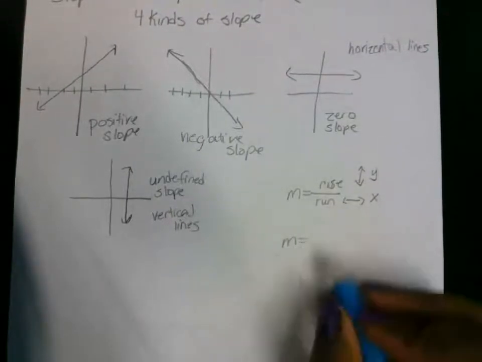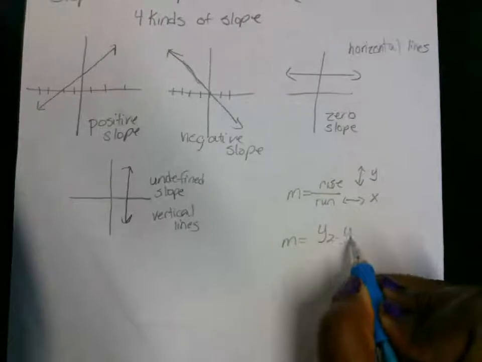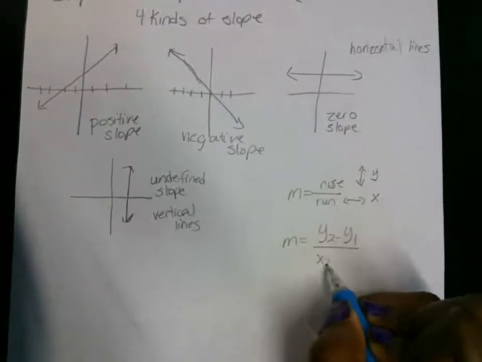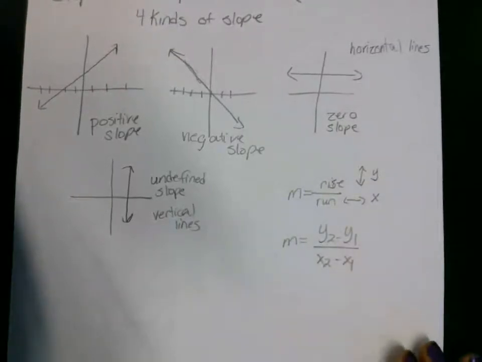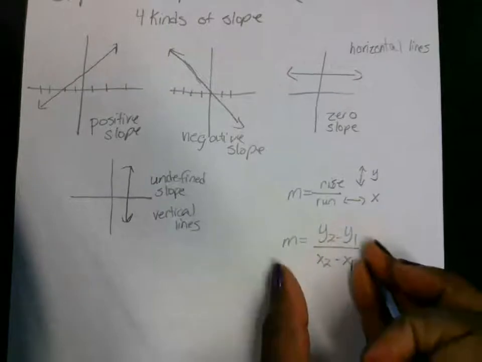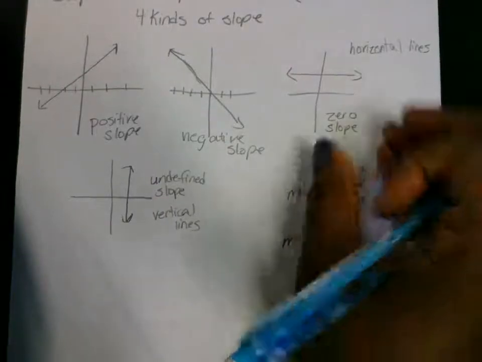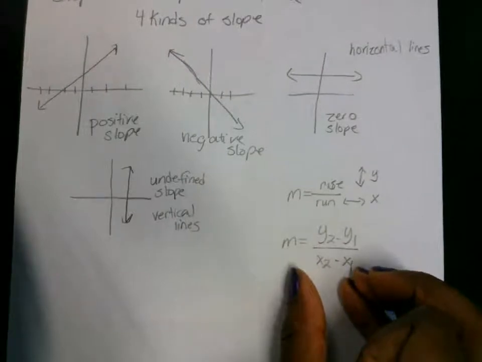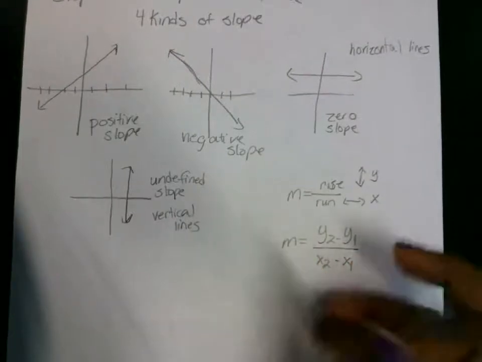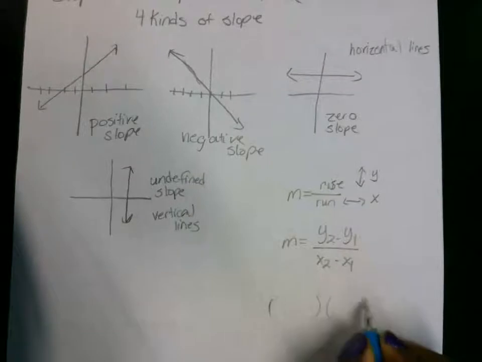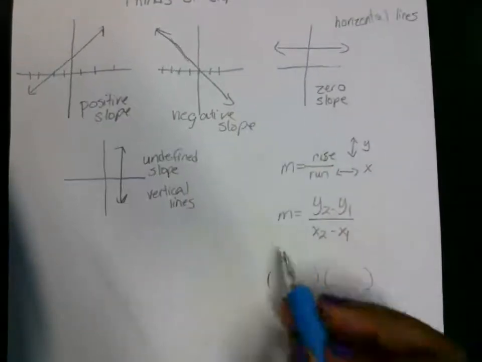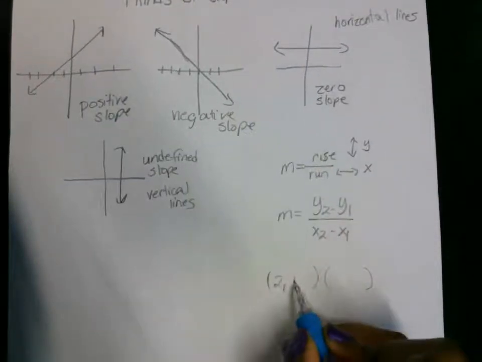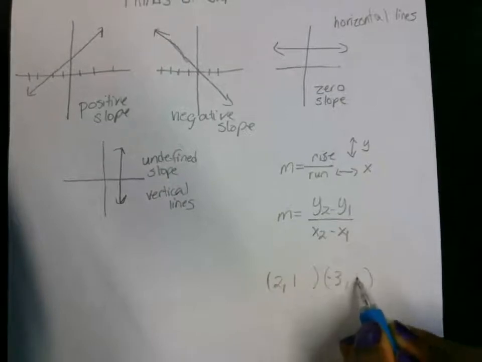The second formula for slope is y2 minus y1 over x2 minus x1. This you use when they give you just the two ordered pairs. They may say find the slope between these 2 points.